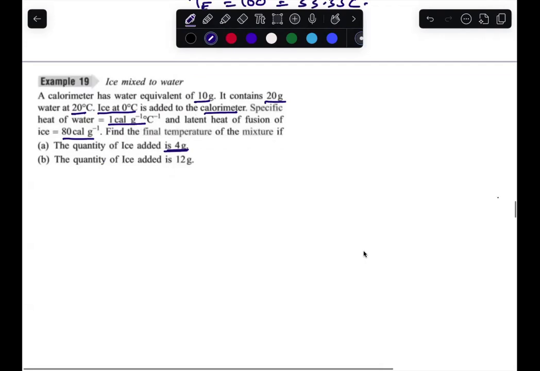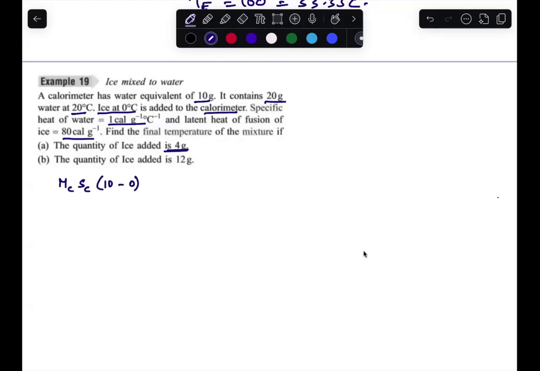Again, gainers and losers. See, in the first part, you have a calorimeter, mass of calorimeter, specific heat of calorimeter, 10. For example, I am assuming this system is losing heat and finally falls to some 0 degrees.